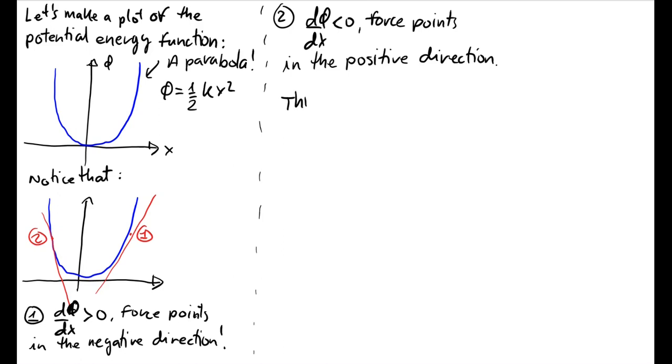This is consistent with what we know about restoring forces. The force will always point towards the origin, no matter the position of the particle. We can even make a more general claim. Conservative forces will always point towards a minimum of the potential energy function. Forces will always try to minimize the energy.